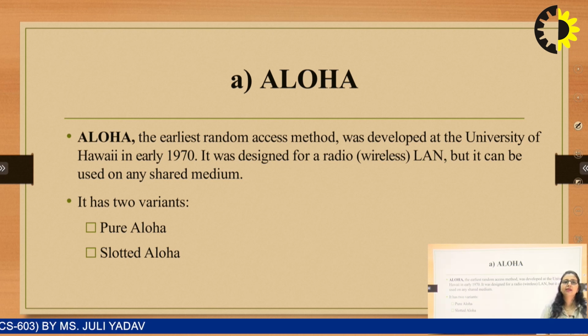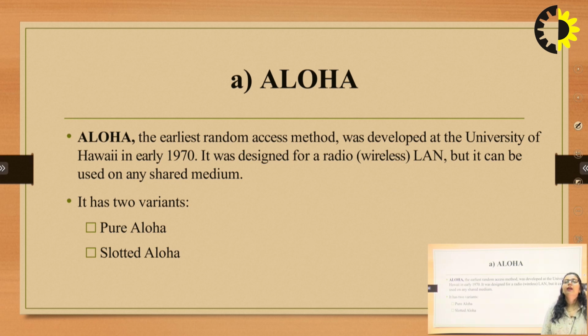Aloha was the earliest, the first random access method, developed by the University of Hawaii in the 1970s. It was designed for wireless transmission, that is, for radio transmission, but it cannot be used while we are sending data on a shared medium.